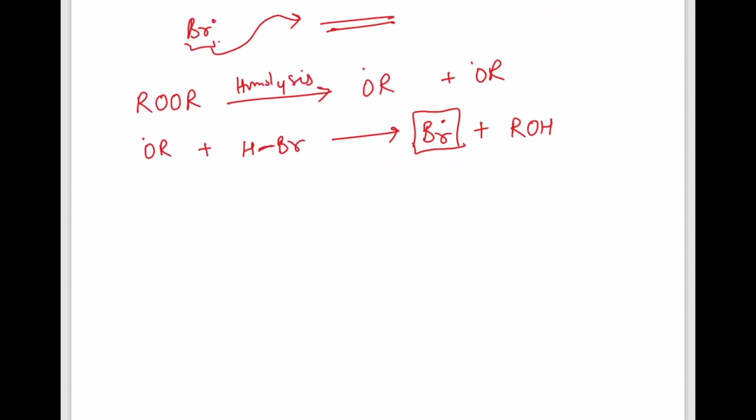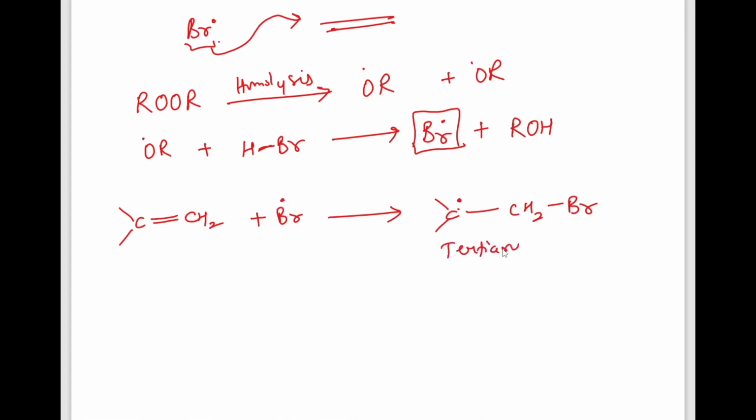Let's discuss one example. Let's say this is an unsymmetrical alkene. This bromine free radical will add to this double bond at this carbon. So here a free radical will be generated, which is a tertiary free radical, and this tertiary free radical is more stable as compared to primary and secondary free radicals. Then there are two propagation steps.